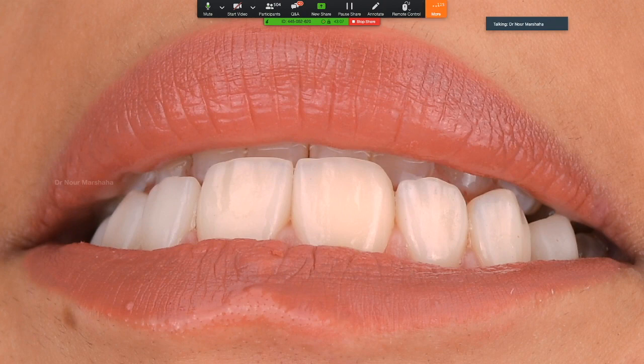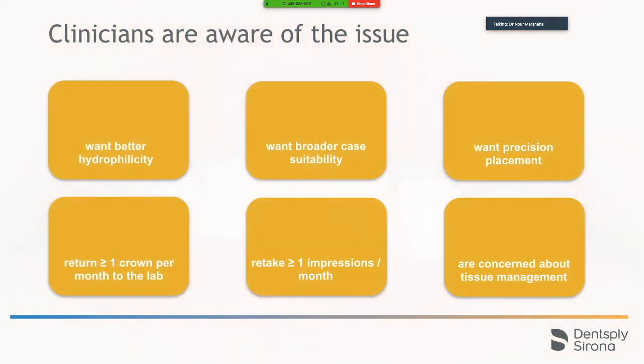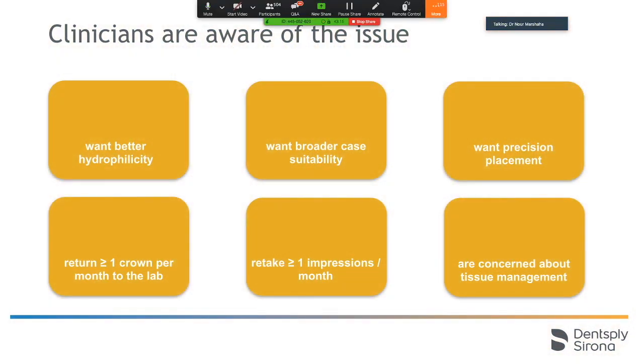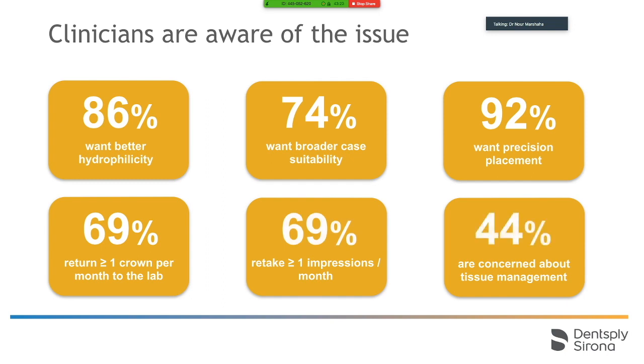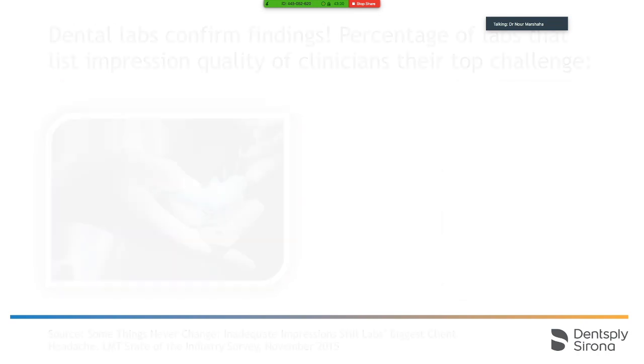Okay, always try to document everything and take photos for the steps too. For the impression materials, most clinicians want precise placement and worry about having to turn back the crown or redo the impressions, or are concerned about tissue management, or they want better hydrophilicity.